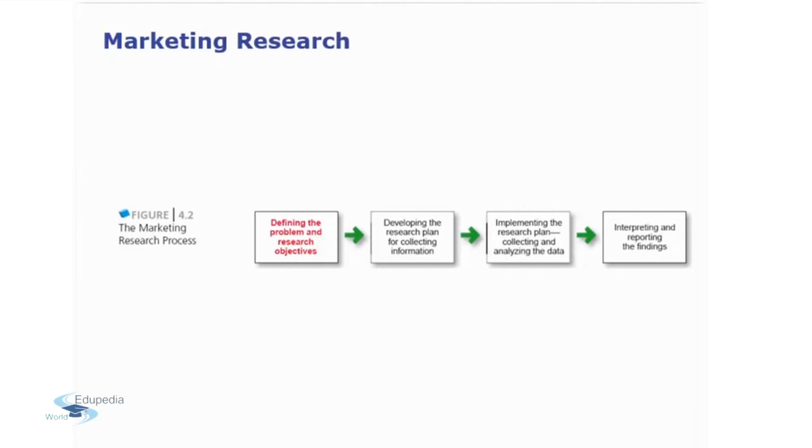If you look at the marketing research process, the first thing that you do is define the problem and research objectives. You would need to identify why people are not currently buying your product or service. What are the hindrances?